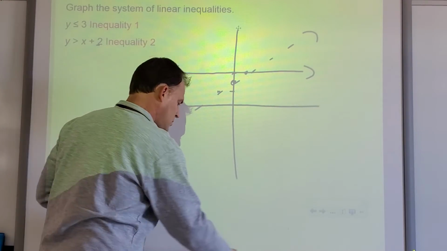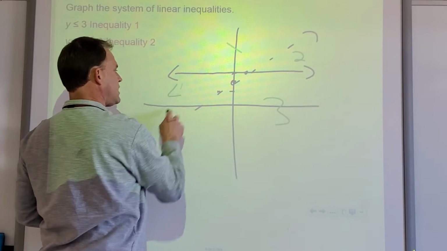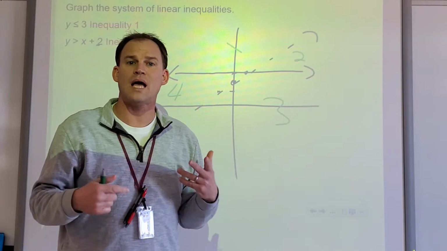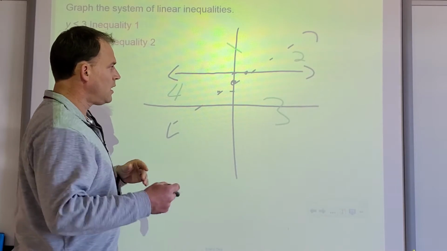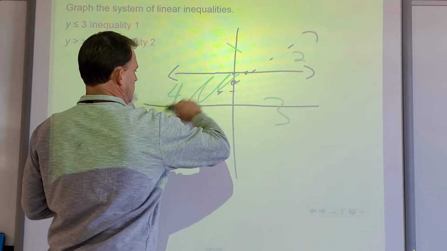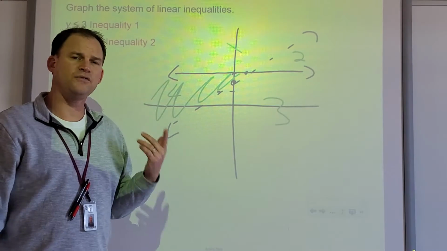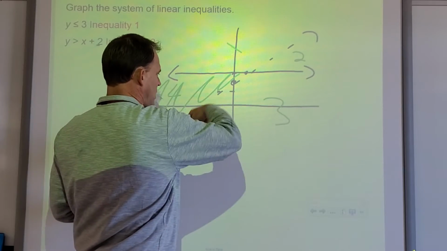If I call this section 1, section 2, section 3, and section 4, which one of these sections is overlapping, would be shaded for both? Very good. If you don't understand, then go ahead and just do the graph.